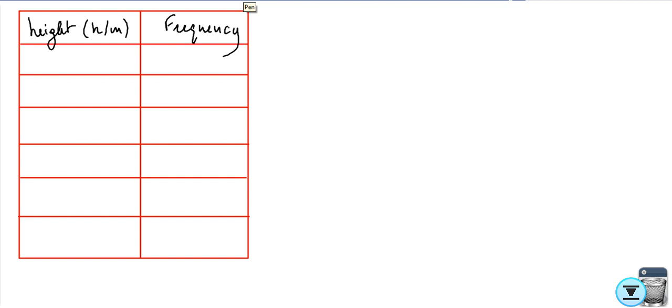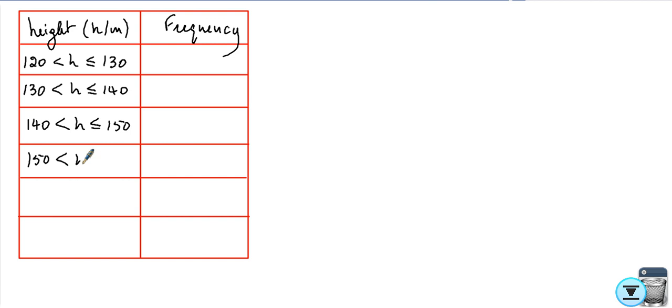And the shortest height was 120. And we grouped the people in groups of 10 centimeters, from 120 to 130, from 130 to 140, from 140 to 150, from 150 to 160, from 160 to 170, and from 170 to 180.